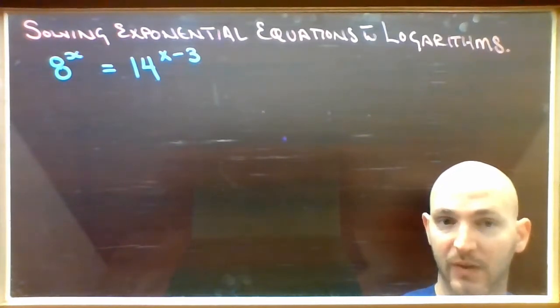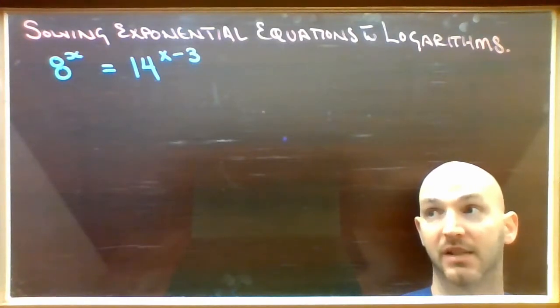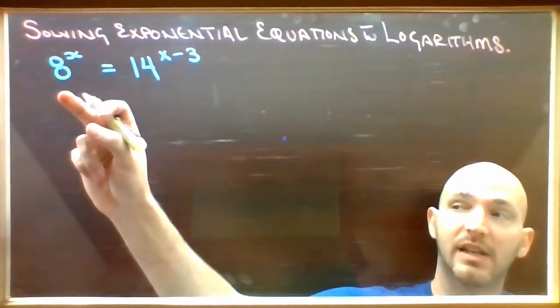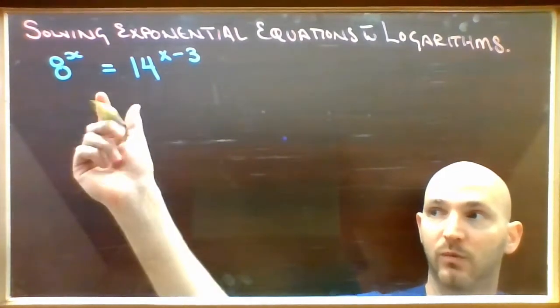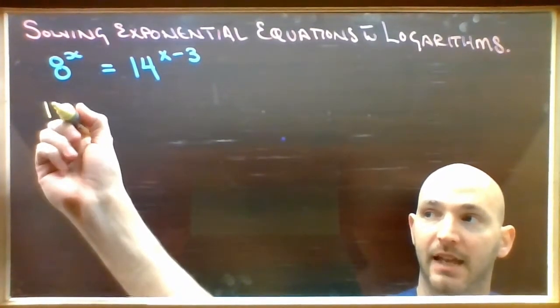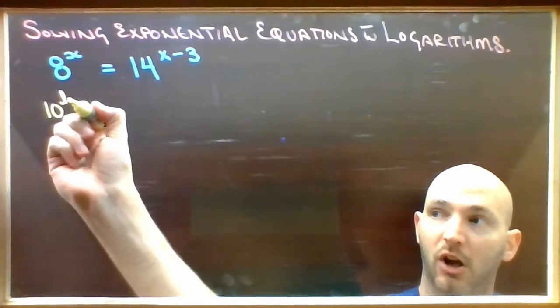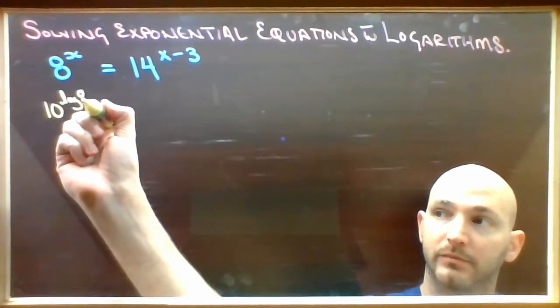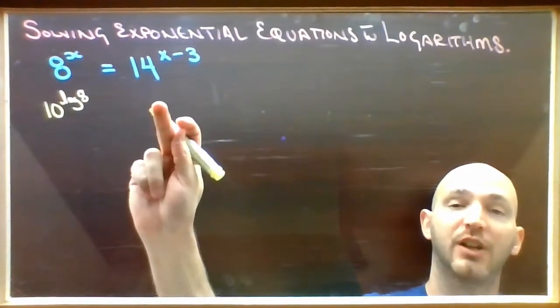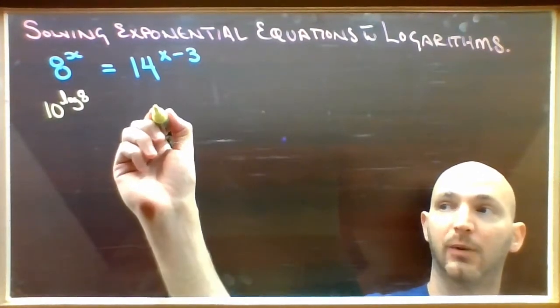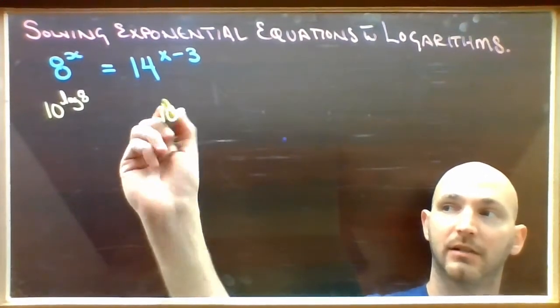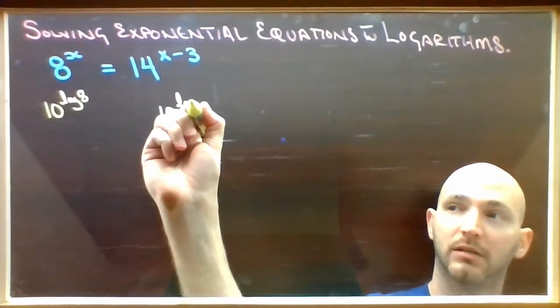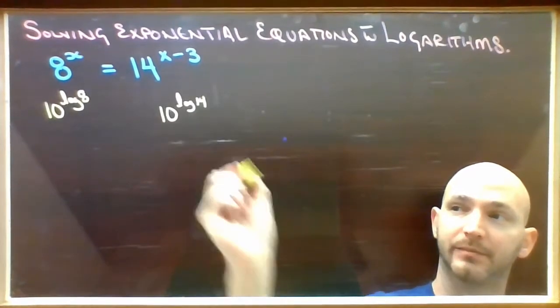So I'm going to do that, and I'm going to use 10, because log 10 is the button I have. Changing 8 into base 10, I would have to write that as 10^(log 8). And to change a 14 to base 10, I would have to write 10^(log 14).